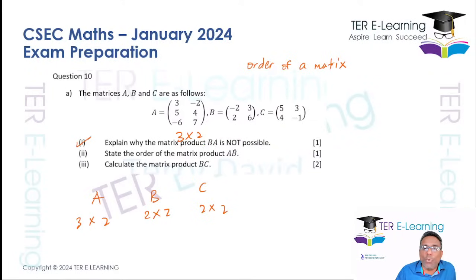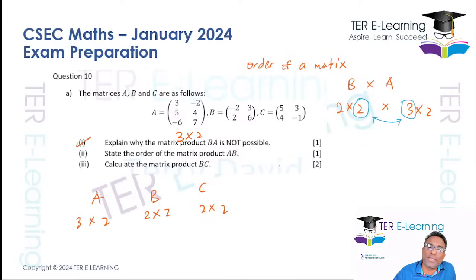So we want to know why BA is not possible. If you take matrix B and multiply it by A, you're multiplying a 2 by 2 by A, which is a 3 by 2. In order for 2 matrices to be multiplied, this number here has to be equal to this number here. In this case, it's not.